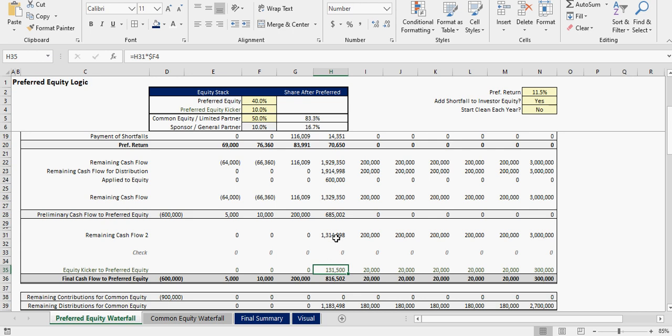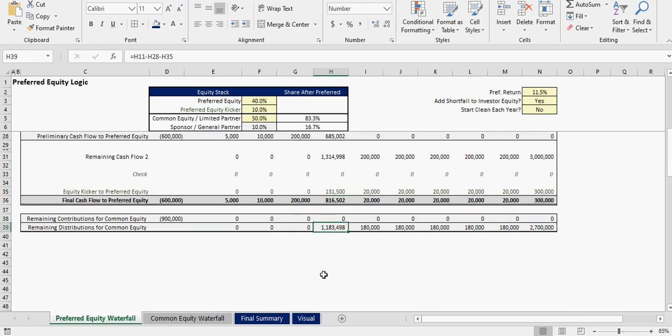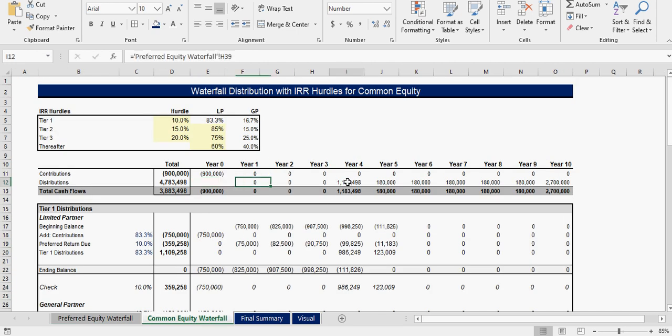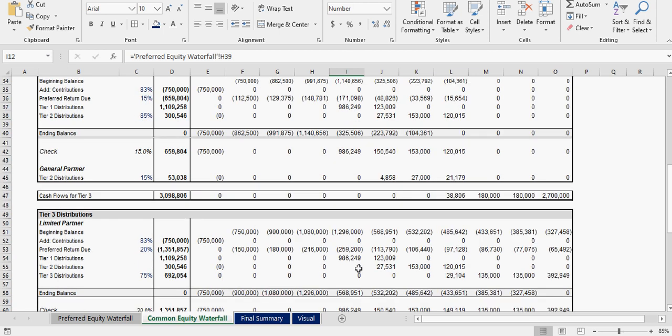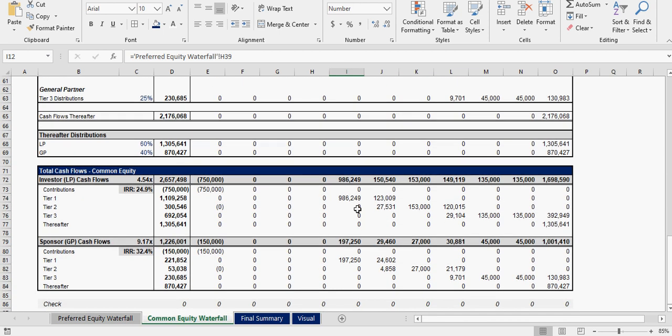And even after that in year four, we still have 1 million left to go to the sponsor and other common equity, which you can see here. This 1,183 comes here, and that gets split through all these waterfalls, and eventually it's split based on the hurdle rates above between the general partner and limited partner common equity.